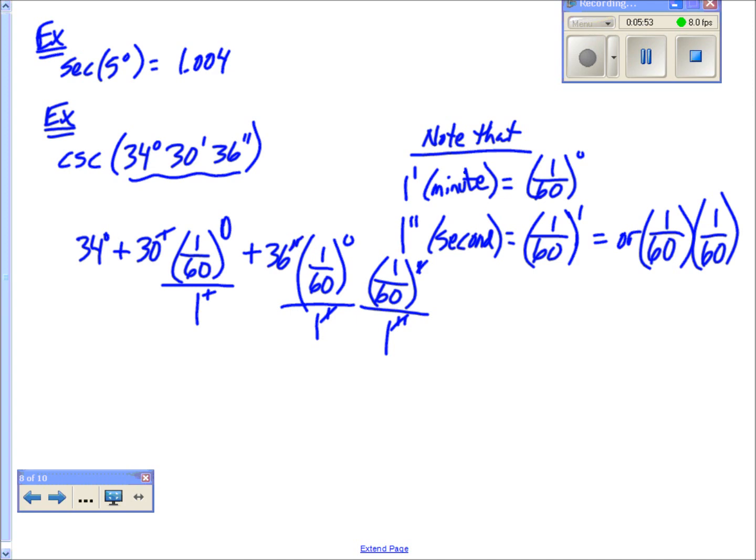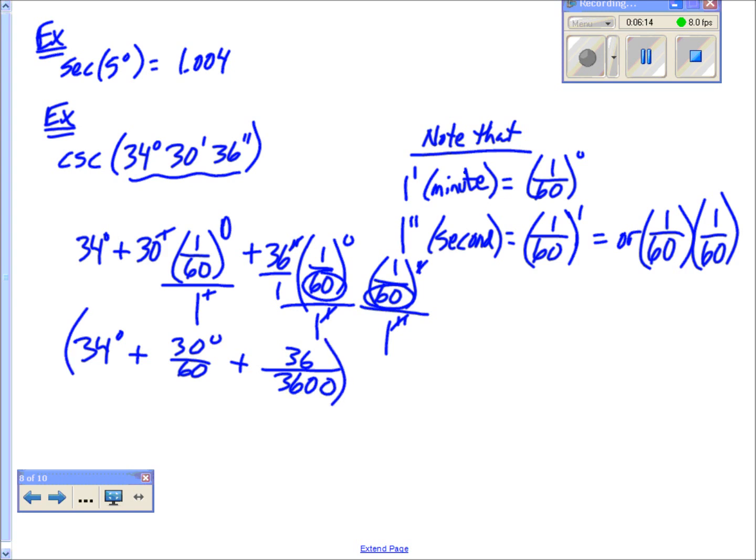And so here you have 36 times 1 times 1 in the numerator over 60 times 60, 3,600. So you have 34 degrees plus 30/60ths plus 36 over 60 times 60, that's going to be 3,600. We're taking the cosecant of all this.